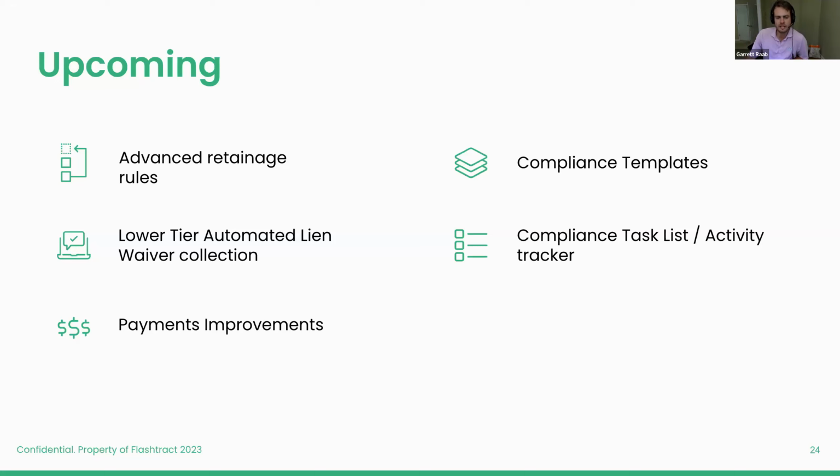So the most common example of this is, if you do any work in the state of Alabama, I believe the rule is you hold 10% retainage up until 50% of the contract is complete, and then you have to drop that rate down to 0%. So today within FlashTrack, we don't really have a great way to support that kind of rule.